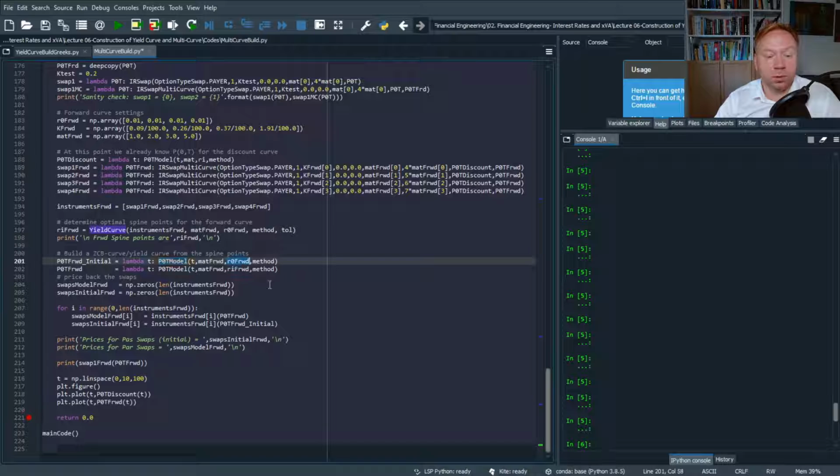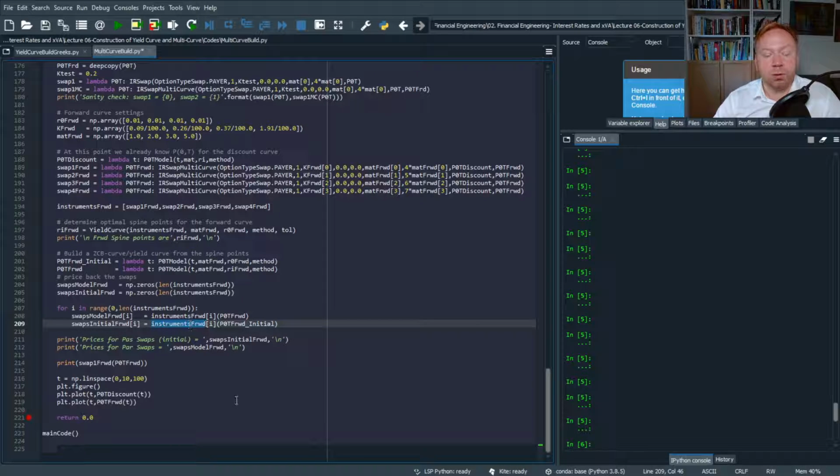Once this takes place, we have an initial curve with R0, so those are the initial spine points. Then we have a forward curve, which is newly calculated from this yield curve construction. And then we will calculate the instruments. This is what we will double check: whether after the calibration of the curve, we can still price back our instruments.